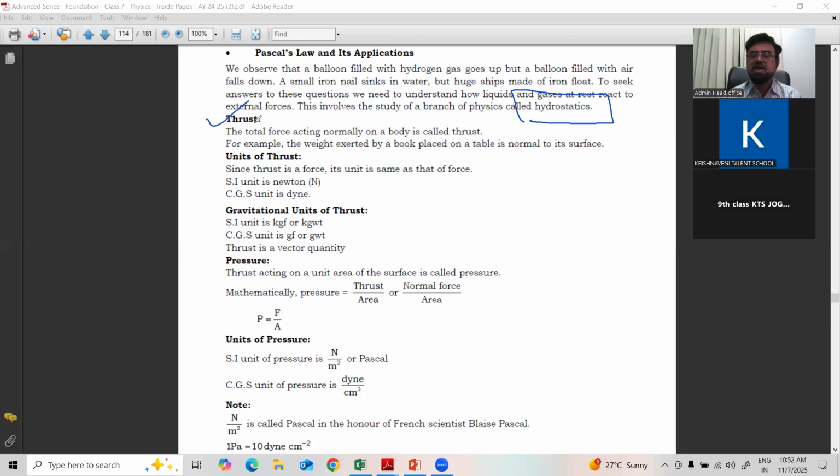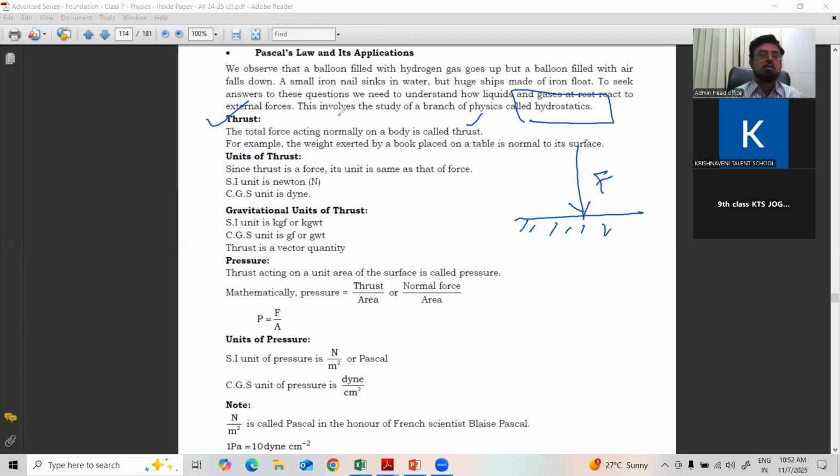So we start the chapter with the word thrust. The total force acting normal on a body is called thrust. Suppose this is a body placed here. Normal means perpendicular. Suppose a force is acting perpendicular to the body; that is called thrust.